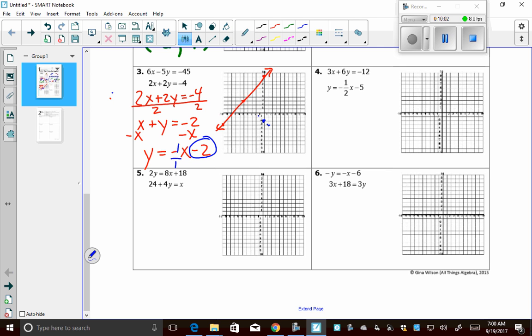I have to go up one, left one, up one, left one. Right there, until I meet. And so now my real solution is going to just be 1, and it looks like it's at the point -5, 3.